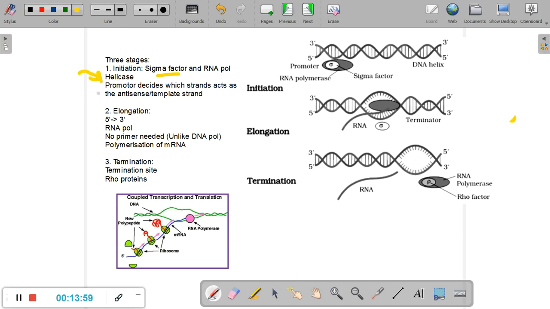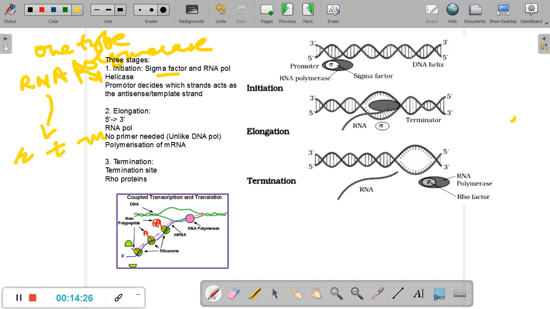And what has to be remembered here, one thing I would like to point out at this very moment, is that only one type of RNA polymerase can synthesize all three different types of RNA. Only one type of RNA polymerase can synthesize ribosomal RNA, transfer RNA, or messenger RNA. You don't require different types of RNA polymerases.